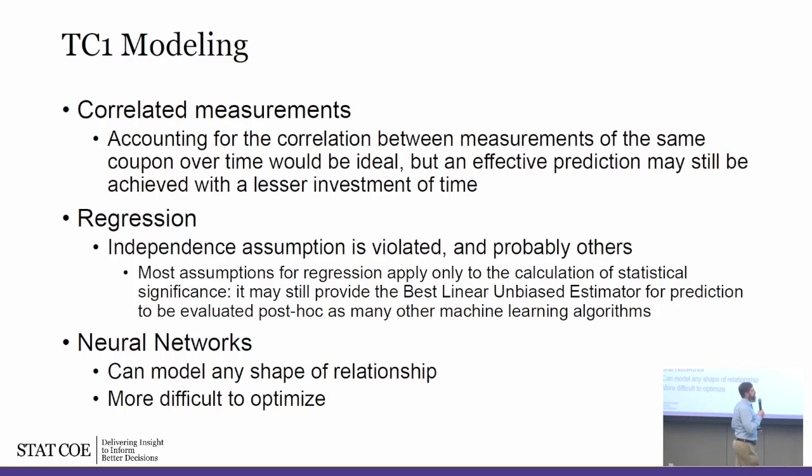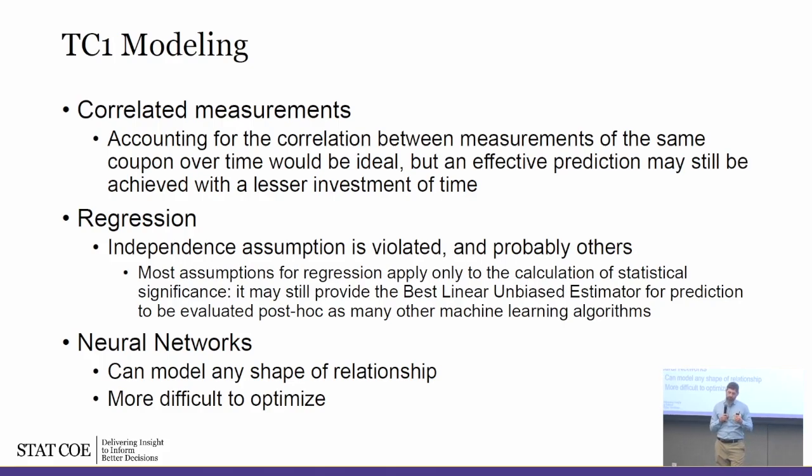So, test case 1 modeling. Now there are probably existing methods that would account for the correlated measurements, because when you're measuring almost continuously over time, it's the same coupon. So your measurements aren't independent there. That does violate some of your assumptions for most methods, including regression, which we were using.